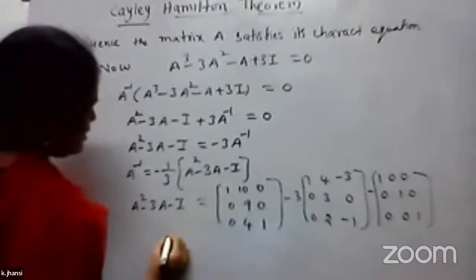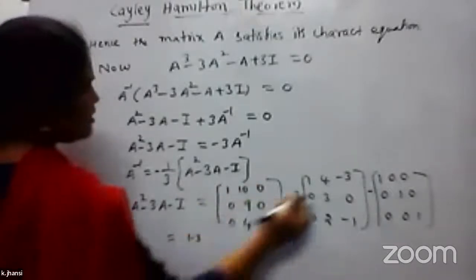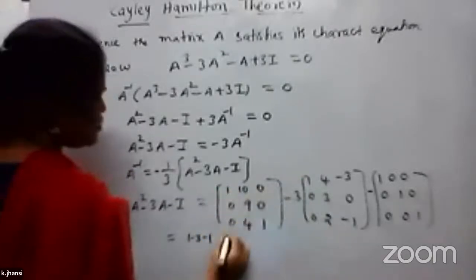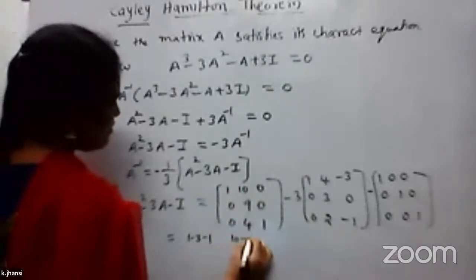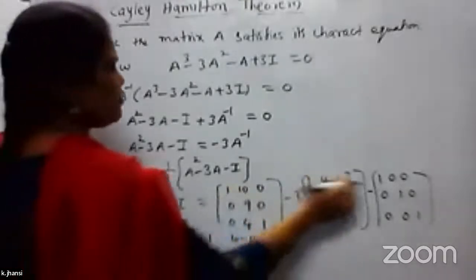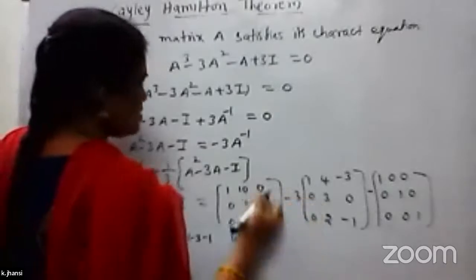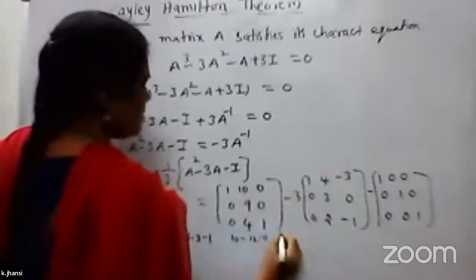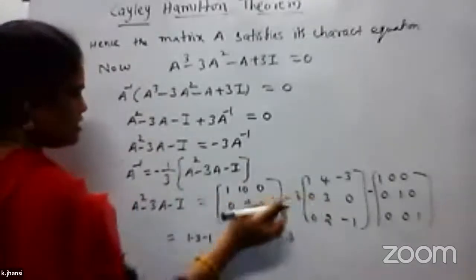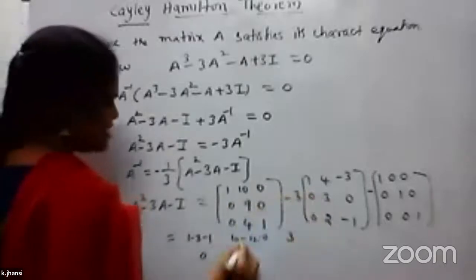you will get 1 minus 3 minus 1; next 10 minus 12. You are able to see now, 10 minus 12, this is 0. Next value is 0, minus into minus is plus 3. Okay, 0, this is 0, that is 0, this value is 0. 9 minus 9.